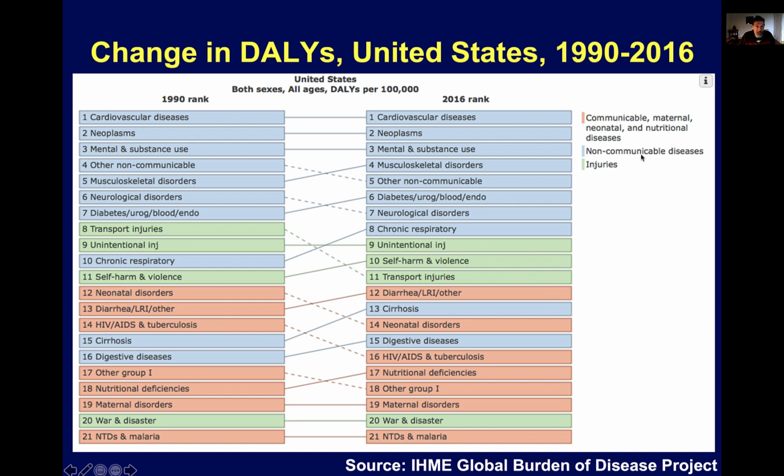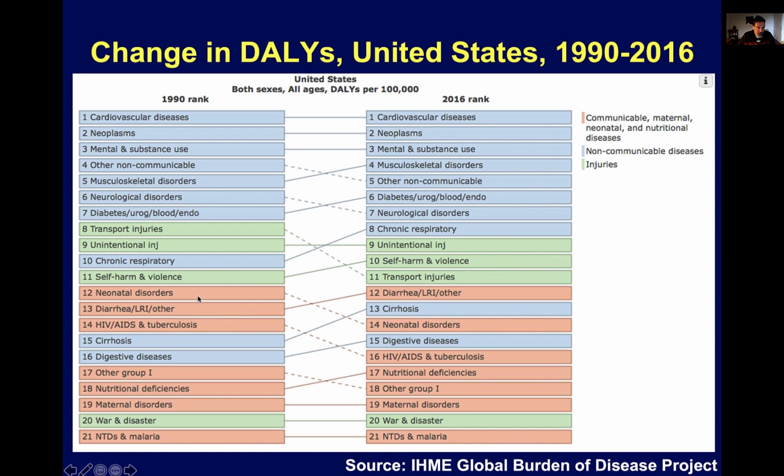The other thing that I like about this slide, which is coming from the website of the Global Burden of Disease Project, is the color coding. The blue colors represent non-communicable diseases, the green colors represent injuries, and the red colored lines represent causes that are communicable or maternal, neonatal, and nutritional diseases.